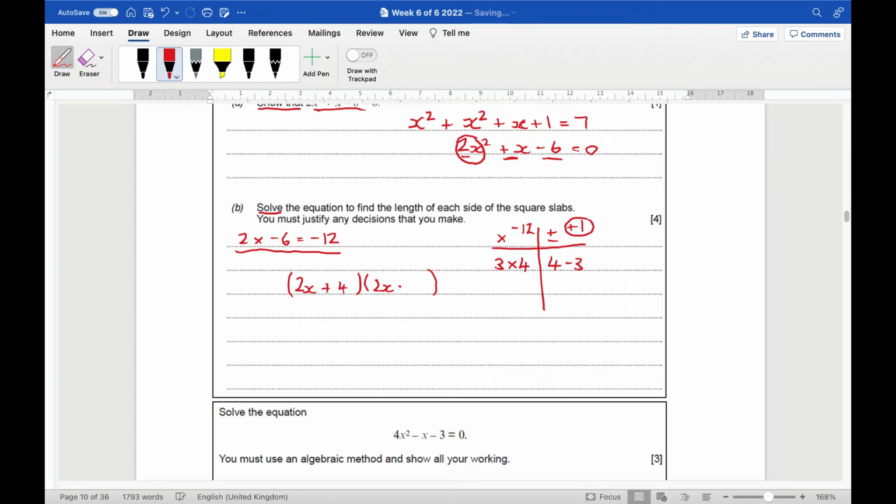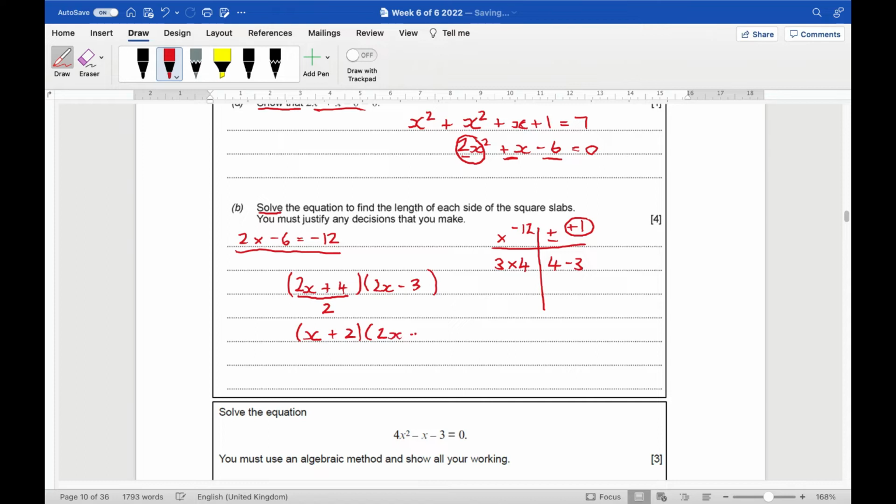Plus 4 and minus 3. You then look at your two brackets, and this is the third difference. If there is a bracket that can be divided by a number, do it. So 2x minus 3 can't. The highest thing I could divide that by is 1, and there's no point. But 2x plus 4 are both in the 2 times table and can be divided. If I half them both, I get x plus 2.